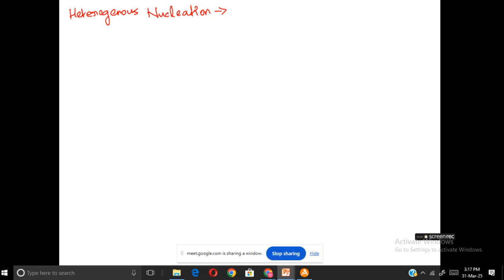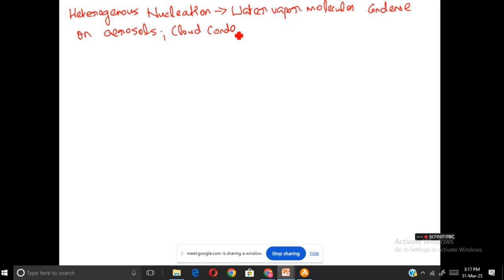In this case, the water vapor molecules condense on aerosols, with the help of an external particle, which is basically known as cloud condensation nuclei.